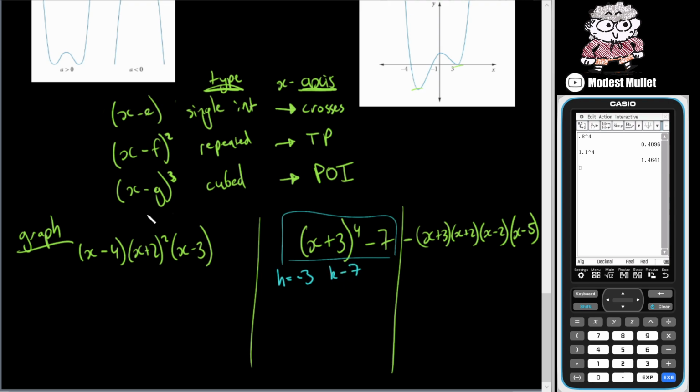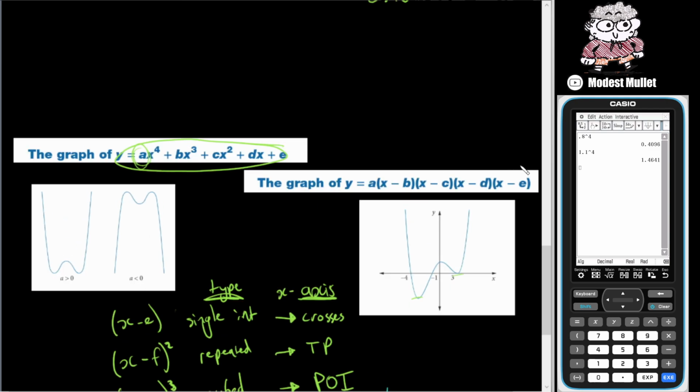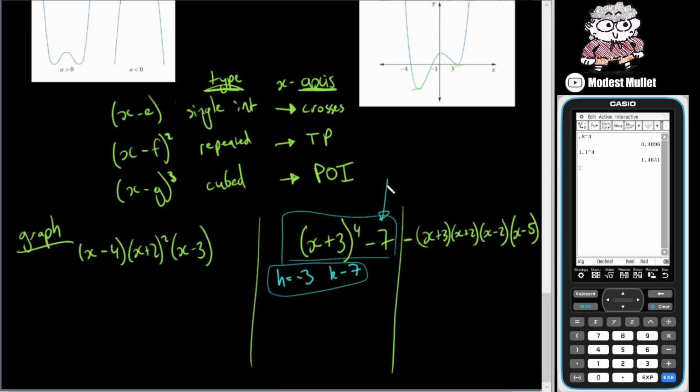Now, I was saying before that you could have a repeated factor to the power of 4 and have a quartic at that intercept. This is not going to happen. Our quartic turning point is at this h and k value. And why is that the case? Well, because the -7 is outside at the end. We're not able to write it as just a bunch of factors multiplied together. So it's a turning point with an h and a k value.